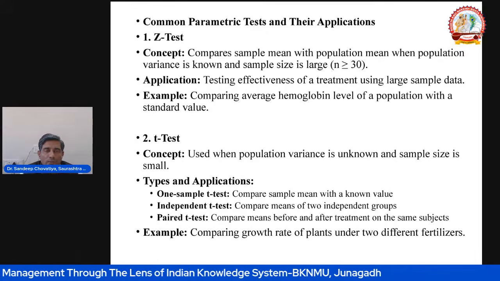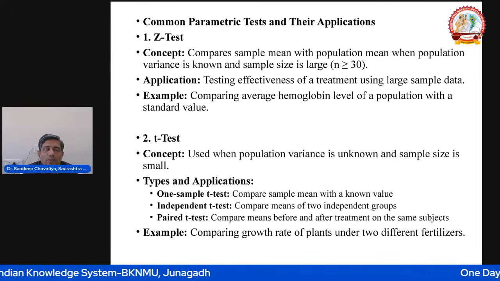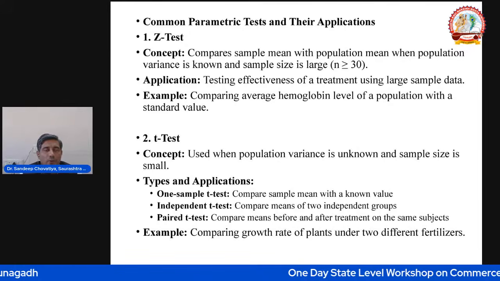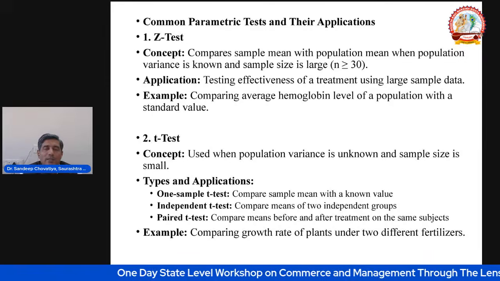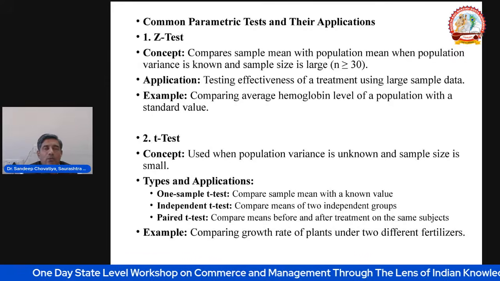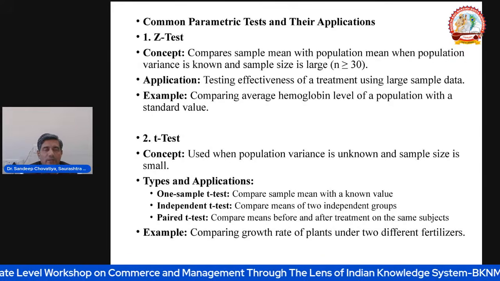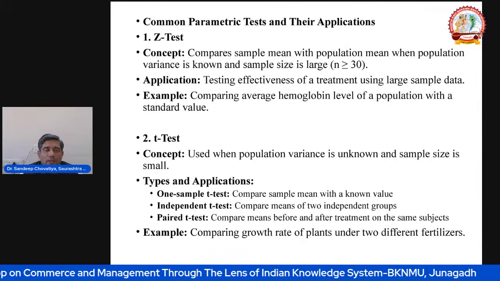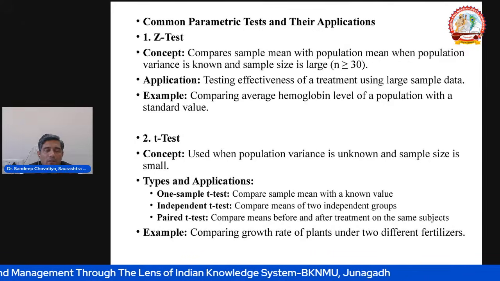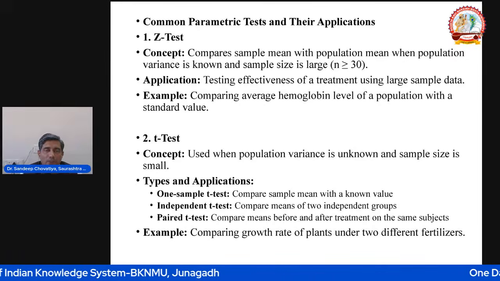Discussing the other one, the t-test, it is used when the population variance is unknown and the sample size is small. If the sample size is less than 30, then we go for the t-test analysis. There are mainly three types of t-test, also known as the student t-test.